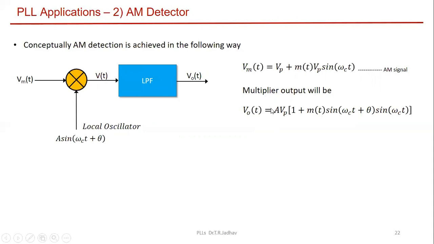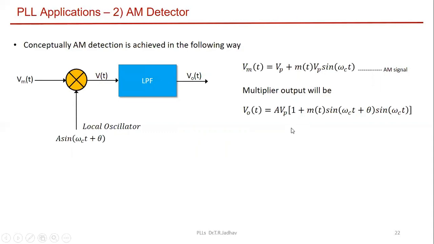So Vo(t) will be the multiplication of this and this. If you multiply this by sine of omega c t plus theta, what you get is A Vp into bracket 1 plus m(t) sine of omega c t plus theta into sine of omega c t. So this is the local oscillator frequency omega c, which is maintained as the carrier frequency.